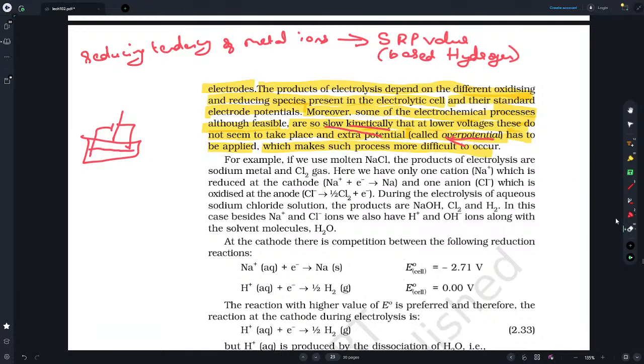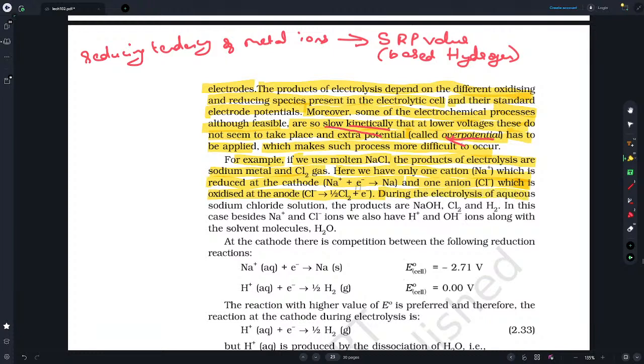For example, if we use molten NaCl, the products of electrolysis are sodium metal and Cl2 gas. Here we have only one cation, Na+, which is reduced at cathode, Na+ plus e-, and one anion, chloride, which is oxidized at anode, becoming chlorine gas.